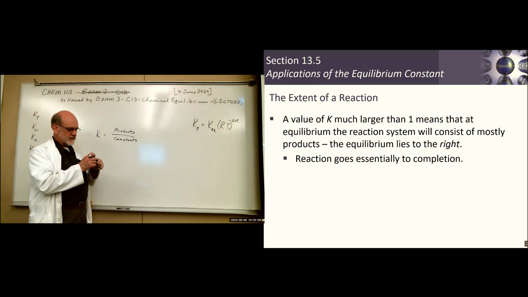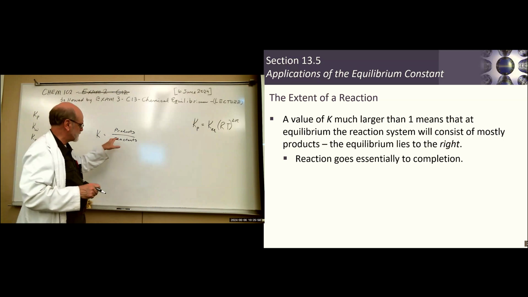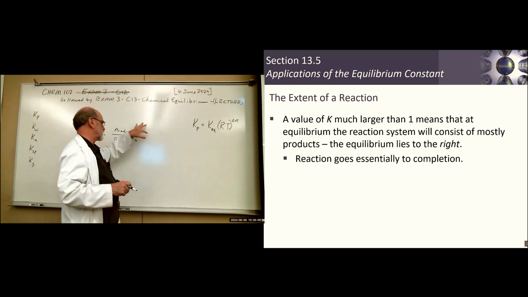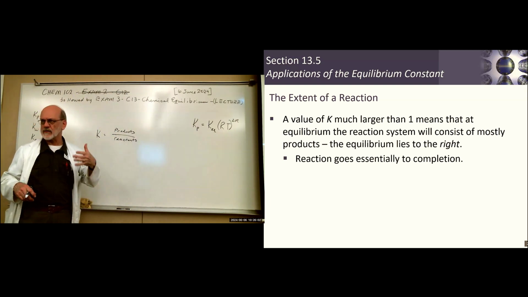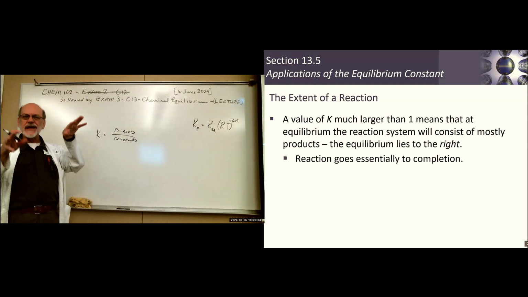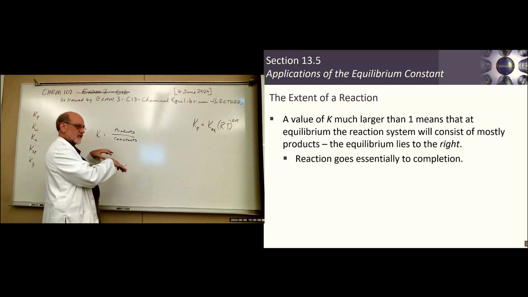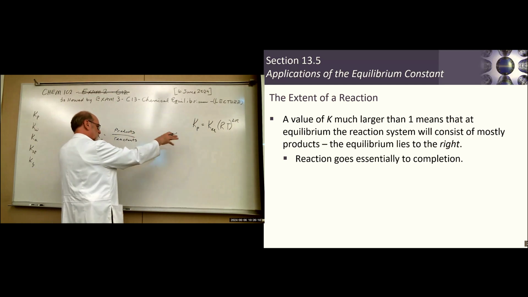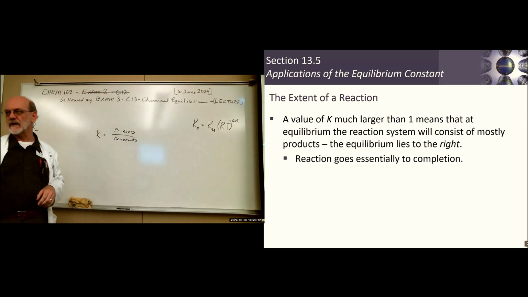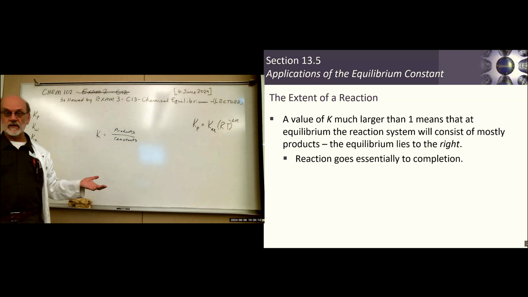Now that doesn't mean that you have exactly the same concentrations of these that you do those over there, because you've got all the powers mixed in. But if it's in the neighborhood of 1, the reaction you can assume is relatively balanced between production of products and what's left over, the reactants.